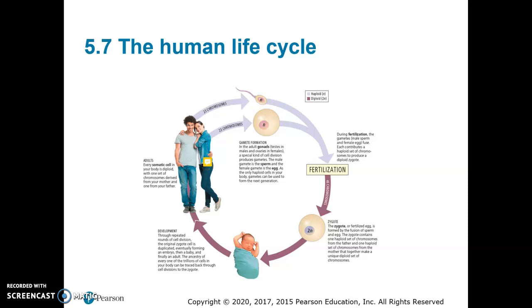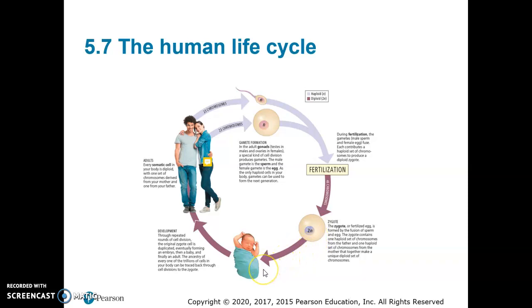It happens to produce these gametes, and then once gametes fertilize, from then on out, it is mitosis, mitosis, mitosis. So you get this zygote, this cell that now has the full complement, half from mom, half from dad, and it's just mitosis.